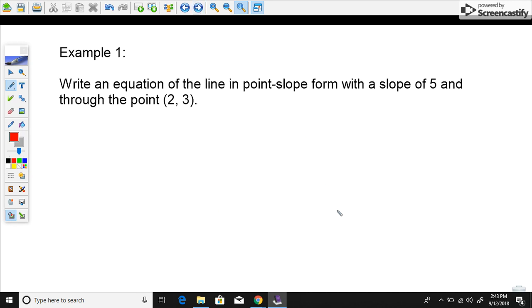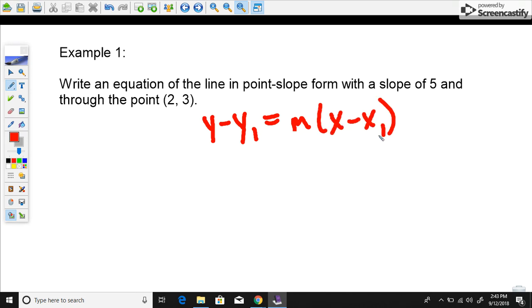In this first example, we're going to write an equation of the line in point-slope form with a slope of 5 and through the point 2, 3. Let's start off with writing our point-slope form. There's our general form for point-slope.